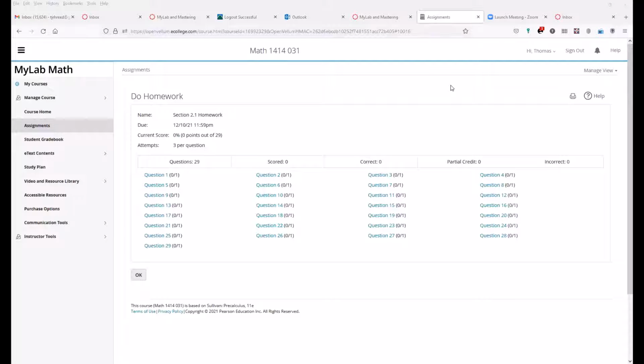Oh, here it is. Help me solve it. View an example. Get more help. Ask my instructor. This is where you click this, and then you type in what your issue is. If you just don't understand what it's asking, then say, I don't understand what it's asking, and then you click send.